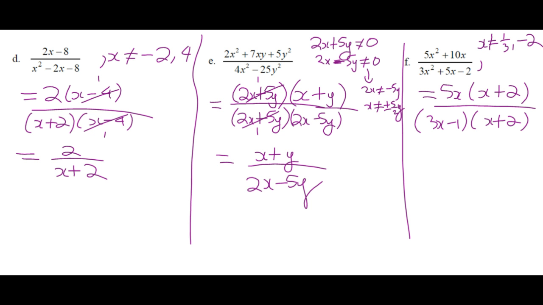So I'll often list my restrictions up top, especially on this, because I just don't have room. As long as I can see the restrictions. Okay, and we're done. So is that right?